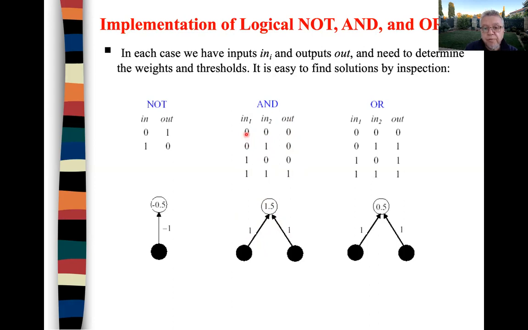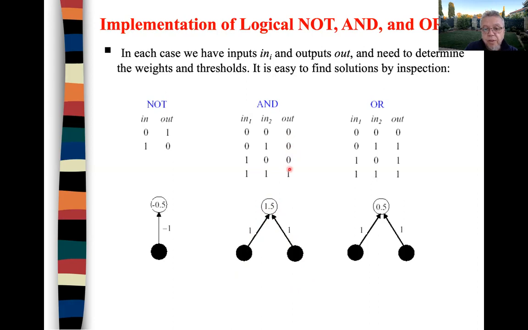For example, if in1 is 0, in2 is 0, so 0 times 1 plus 0 times 1 is 0. It is less than 1.5, so the output is 0. If we have 0 and 1, this is 1, which is less than 1.5, so the output is 0.